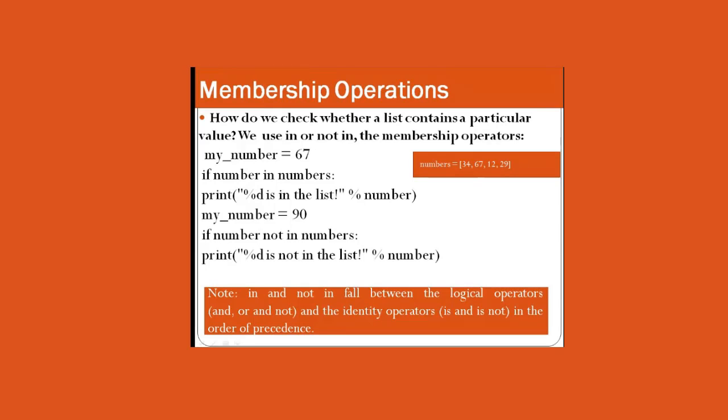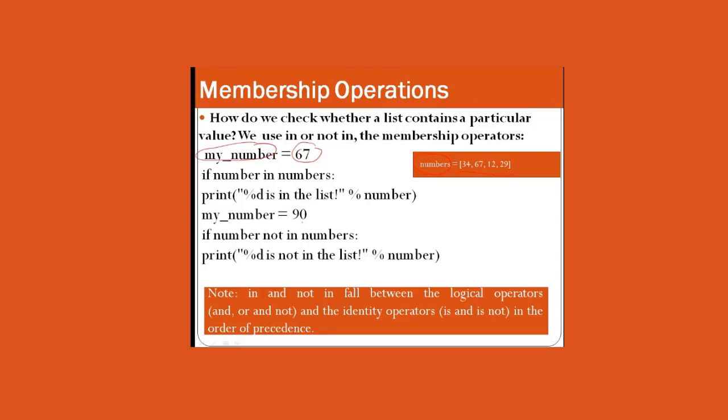Then we have the membership operations, if you want to see whether something is a member of this list or not. Here, this is the list. We are taking an example of numbers in which we have these elements. So we have taken one variable, my_number, and we have stored the value 67. We want to check whether this is in the list or not.